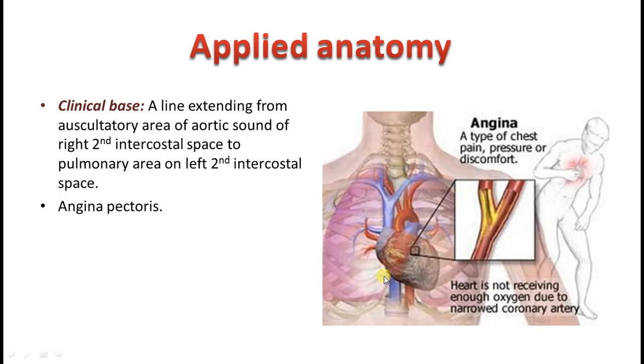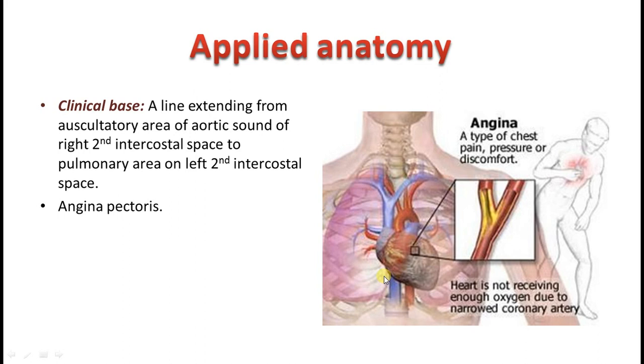The next is unstable angina pectoris. These persons experience chest pain even at rest. It does not disappear on its own, and might last more than 10 minutes. Even if it disappears, it will recur after varying amounts of time.